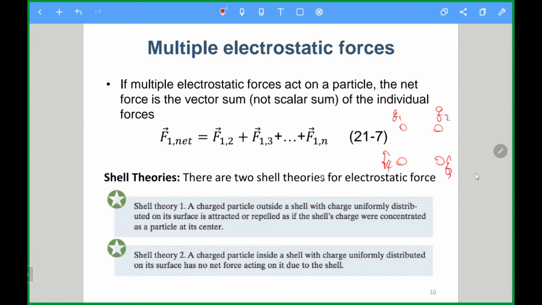If we need to consider the net force acting on, just say, Q1, of course you can also consider the net force acting on Q2, Q3, or Q4.